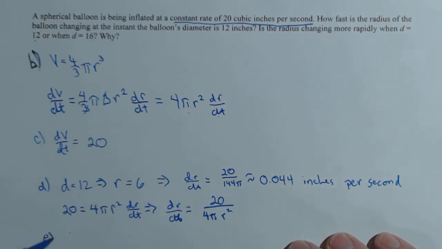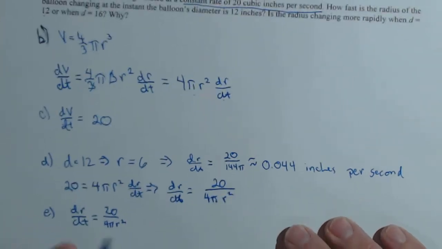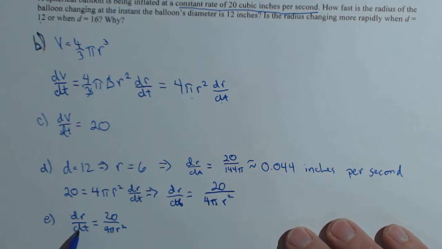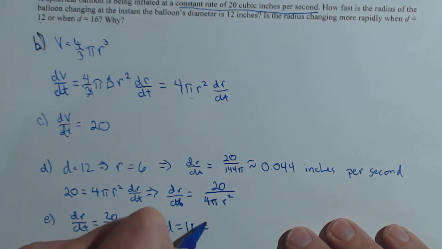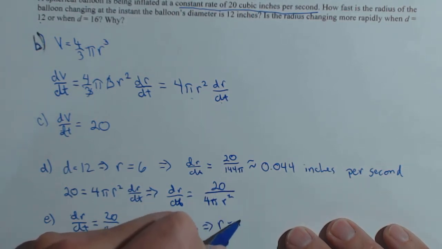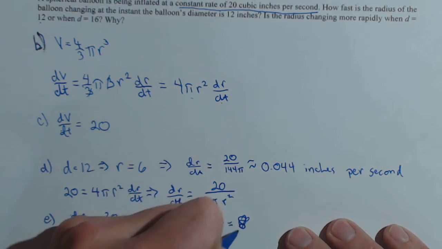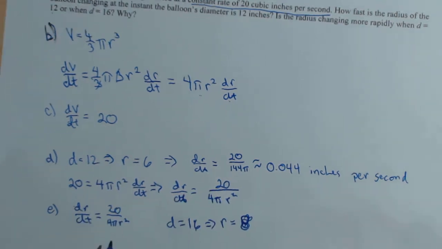Now, something to notice in part E, notice our dr/dt. dr/dt, like we said, is 20 over 4 pi r squared. So the larger r gets, the smaller dr/dt gets. So if we wanted to compare at a diameter of 12 versus a diameter of 16, which would be a radius of 8, we would expect to see a smaller value of dr/dt.